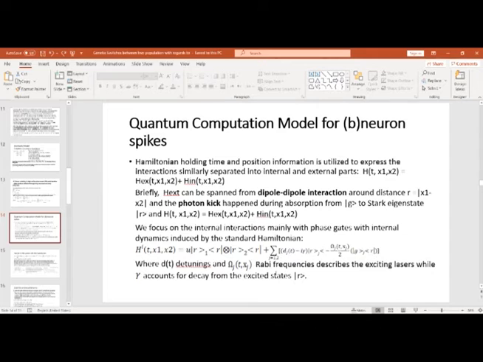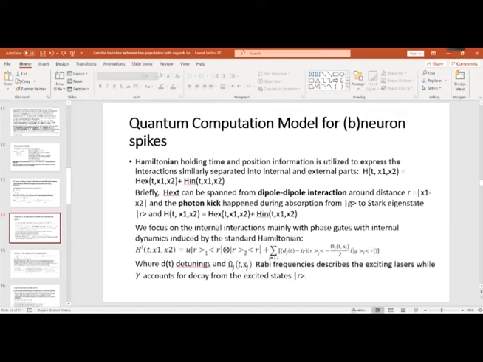And the similarity between the quantum and the classical computation here is also that the qubit goes from the ground state to the excitation state, just like our neurons, where we decide whether it spikes or not with the threshold.